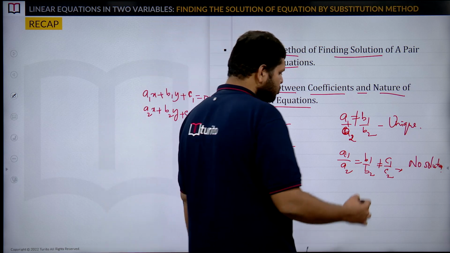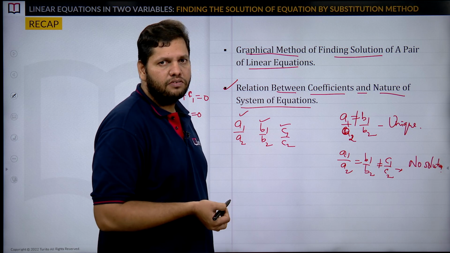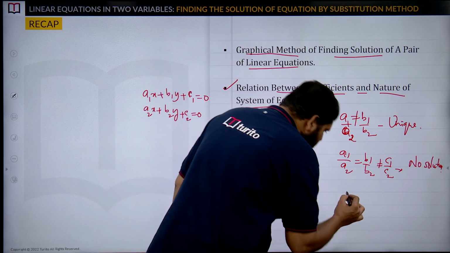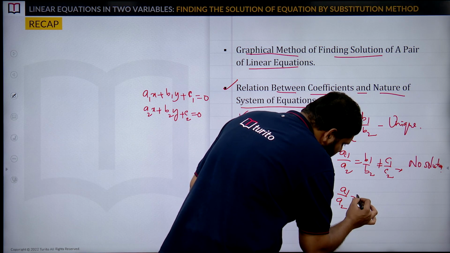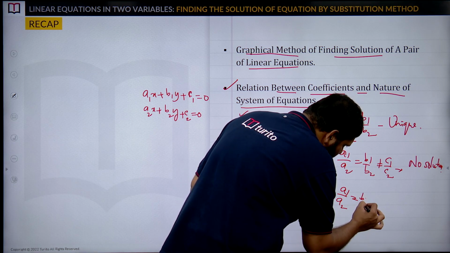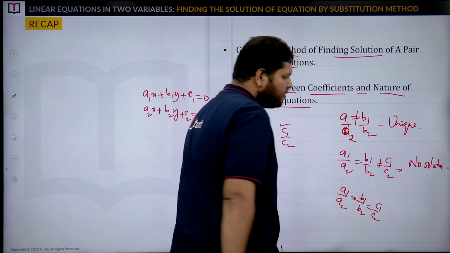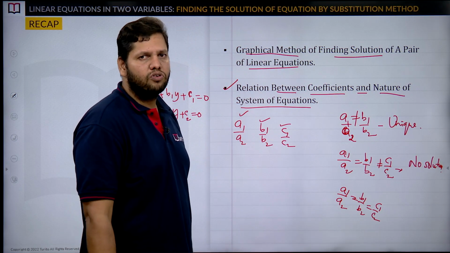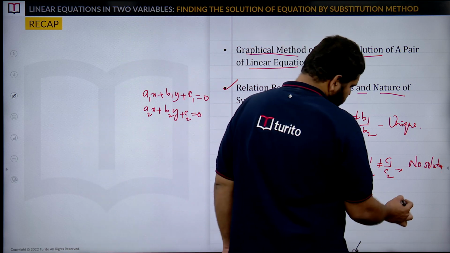And the third one, what is it children? Third one is very simple. We can write a1 by a2 equal to b1 by b2 equal to c1 by c2. What do we call this condition?